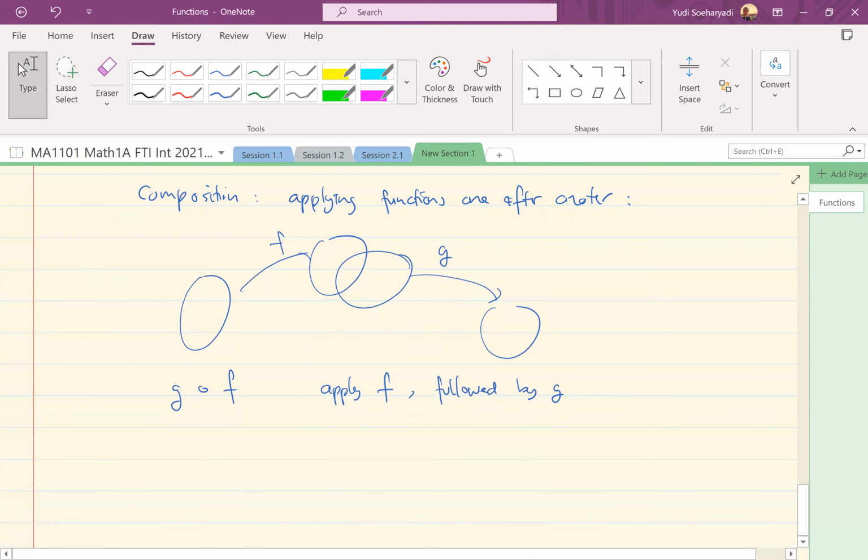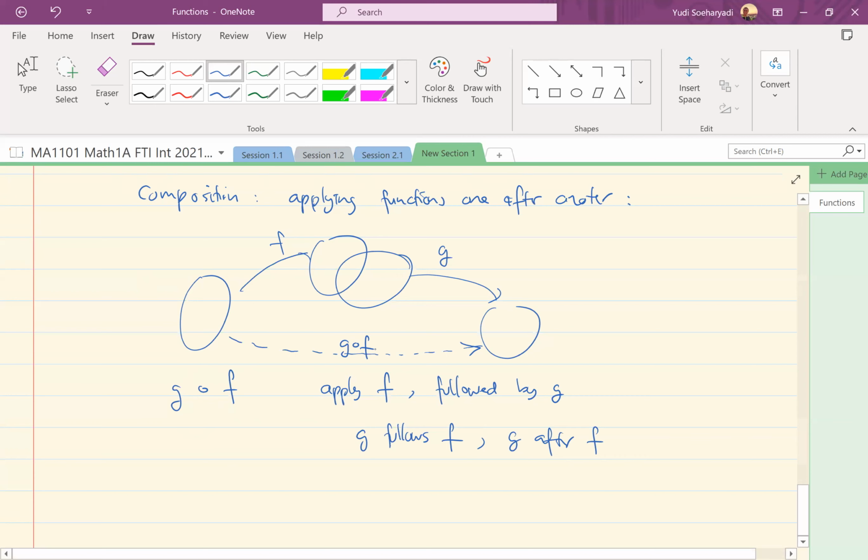Or you can say g follows f, or you can also say g after f, or f before g, or whatever you like. So that's what it says, it goes to there. This is g little o f. That's a composition.